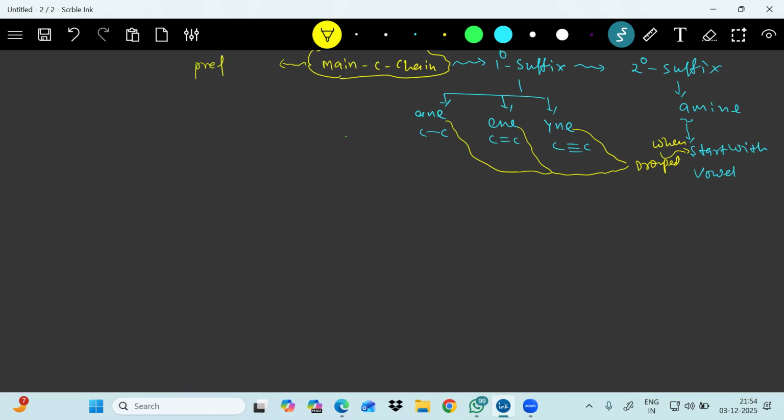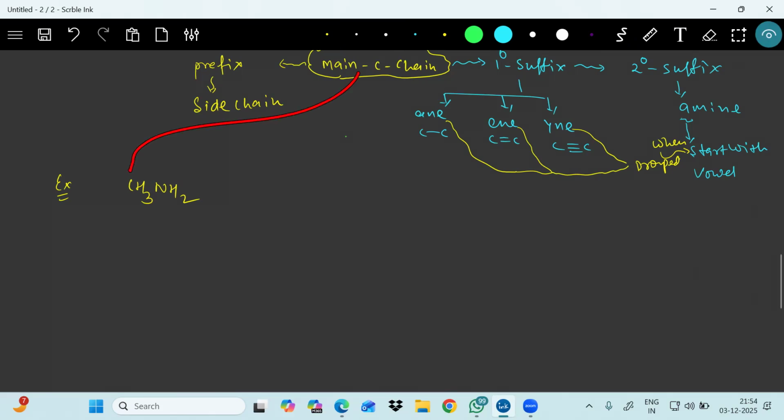Before the main carbon chain, what we write is the prefix, and this prefix will be the side chain. For example, if I write CH3NH2, how many carbon atoms are present in the main carbon chain? One.